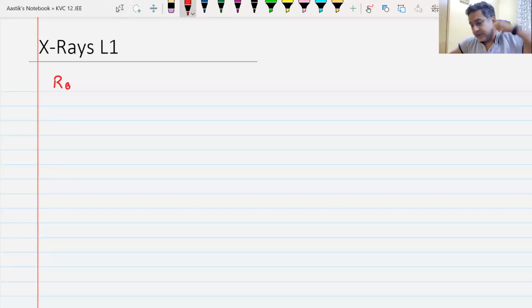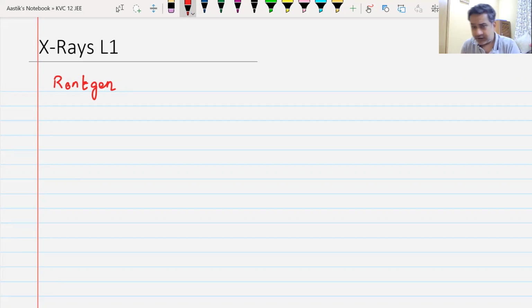He was conducting an experiment for something else, but then he found this. He did not know what to call them. In maths, we call an unknown quantity X. So he started calling them X-rays, or Roentgen rays. This is how these were discovered.